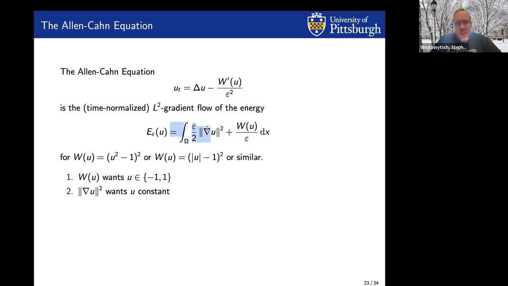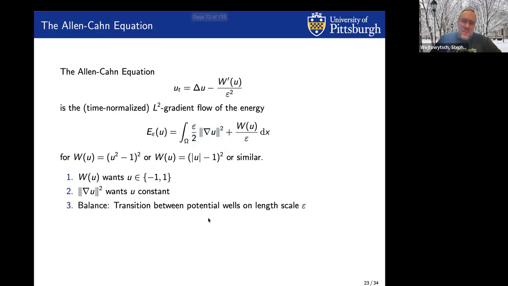Overall, we've got these two terms, and there is a competition. The trade-off is governed by this small parameter epsilon. In general, we want something that is close to 1 on most of the domain where we're minimizing this. And this is governing what most means.